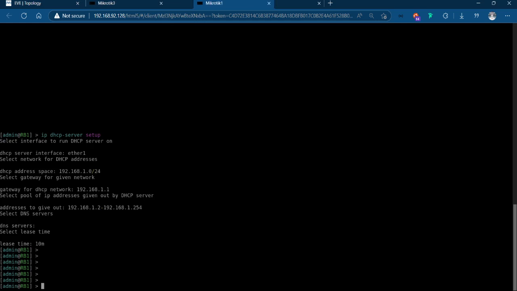IP, route, add destination address, using 3.74, and the gateway is going to use router port number two, 10.10. Yes, we route to number two first, and the gateway uses 10.10.